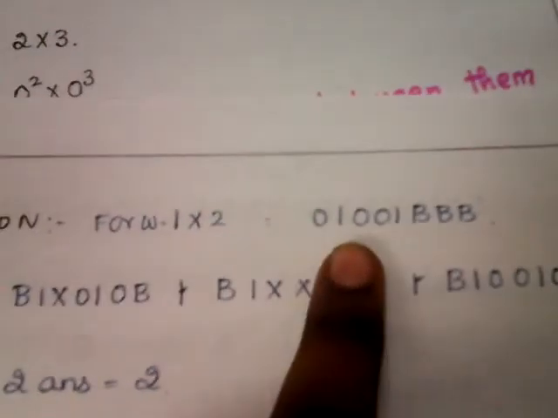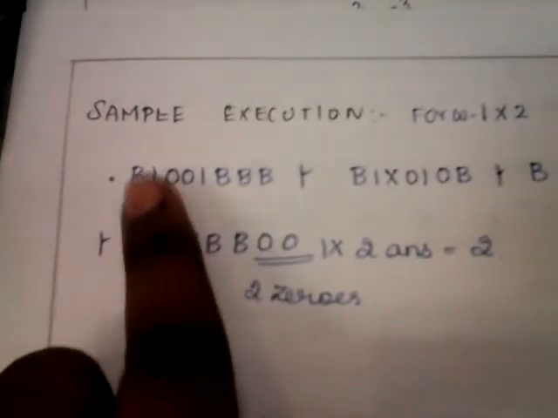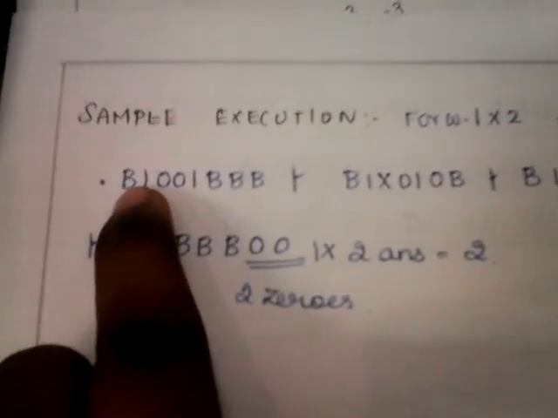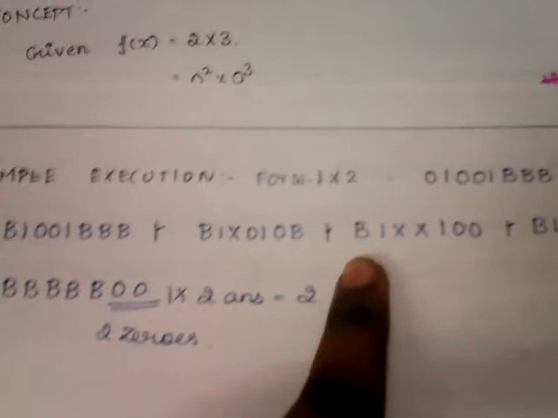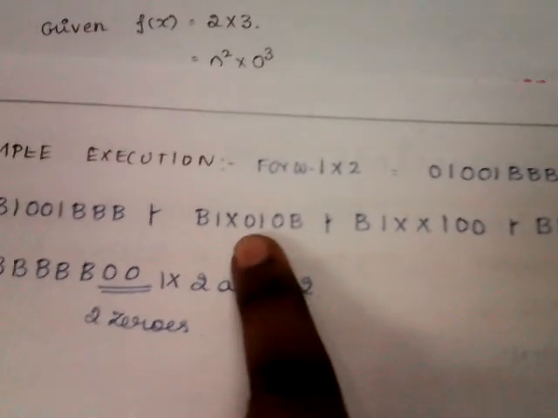Let us take the example 1 into 2. As we said before, we separate it by a 1, and in the Turing machine we have the blank symbols. We convert the first 0 into b and convert this 0 to x, and we move here, and again we convert this x and b to 0.